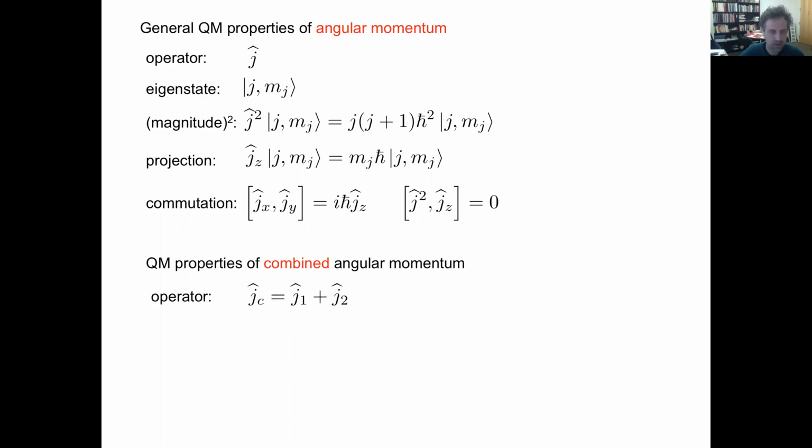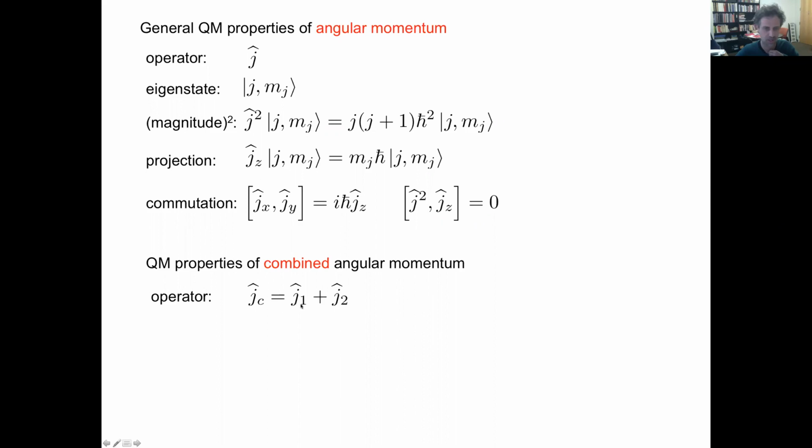So, but what about a combination of 2 sources of angular momentum? Well, I can define a new operator that's called JC, where C stands for combined. And this combines two sources of angular momentum, namely J1 and J2. I don't know what they are, but they must both be operators that are angular momentum operators. For instance, L and S, as we just concluded.